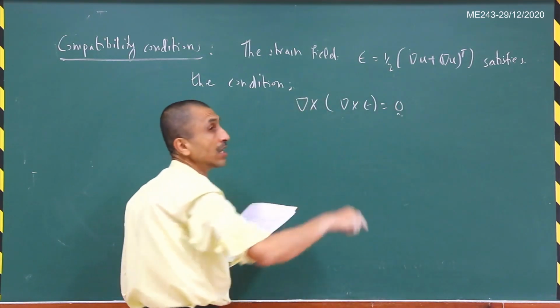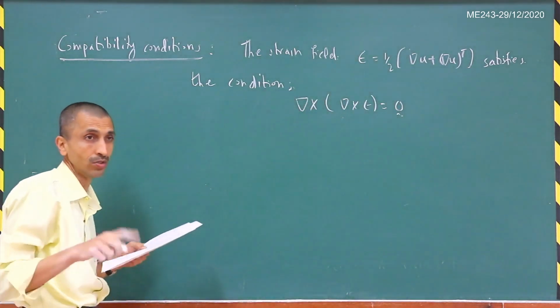So this is the curl of a second order tensor, which we had introduced when we were doing the tensor part.